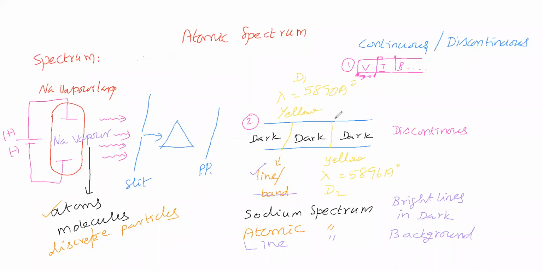We got this sodium spectrum by the emission of radiation by sodium vapor or by the absorption of radiation by sodium vapor. So you are saying that sodium vapor is emitting radiation, so we got this spectrum. Hence, this spectrum is called emission spectrum.